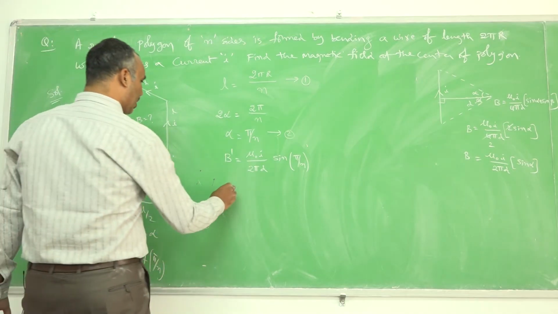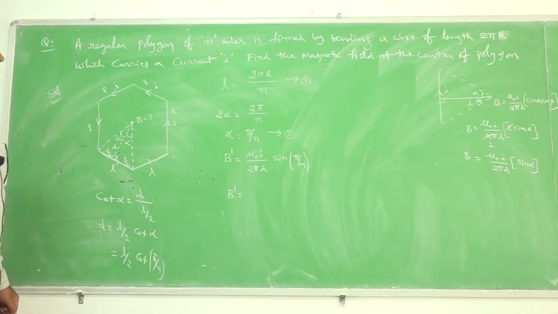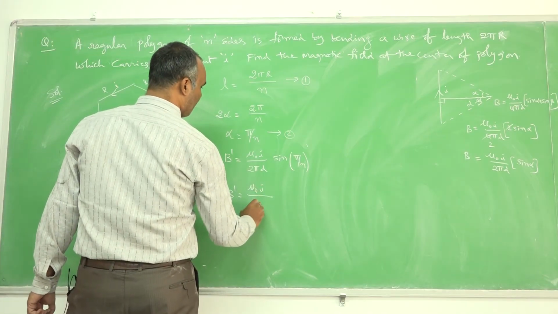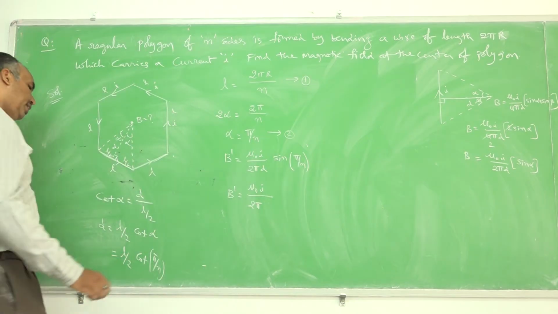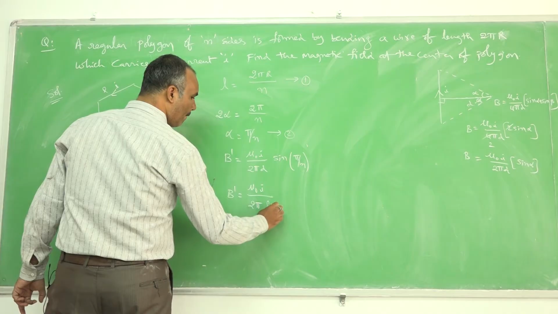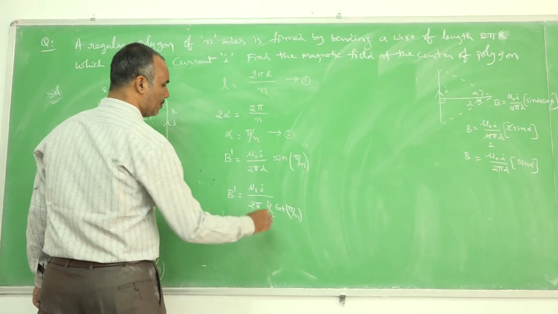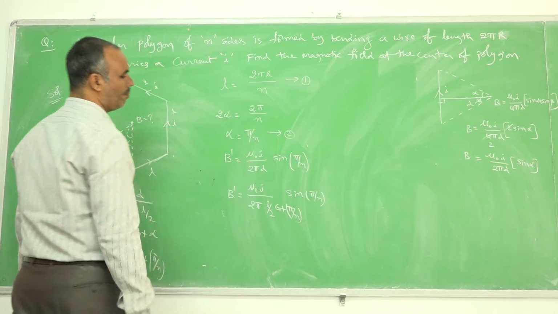Now the strength of magnetic field due to a single side of a polygon is given by mu naught I by 2 pi. In the place of d, I should write L by 2 cot pi by n, and then sin pi by n.